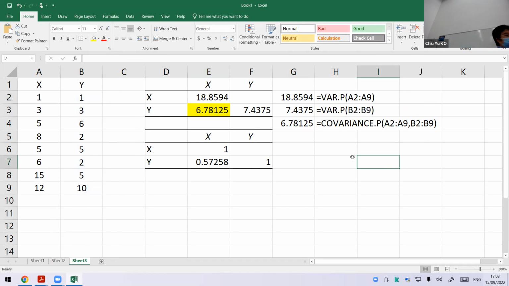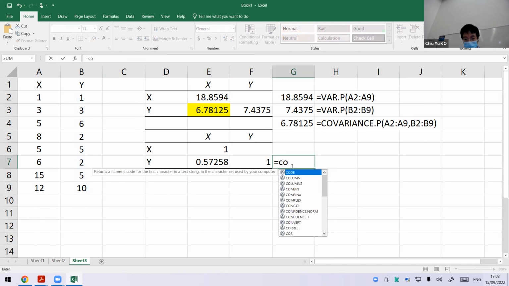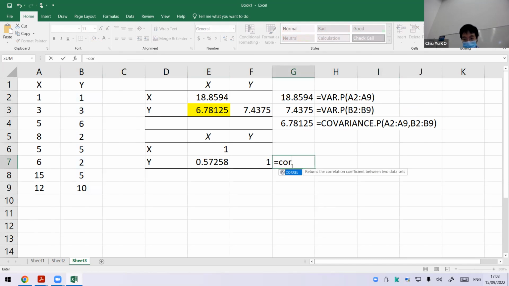So that's how you get this number, or sometimes you want to know how I get the covariance.